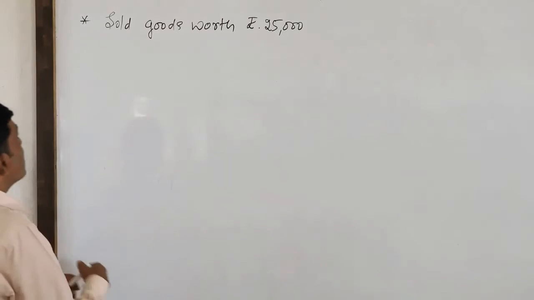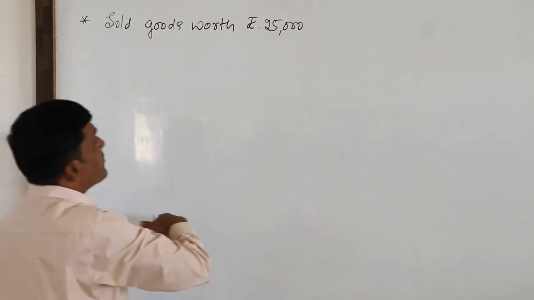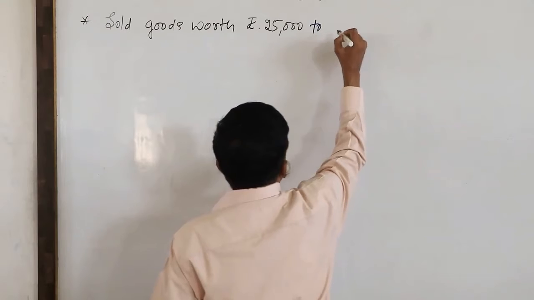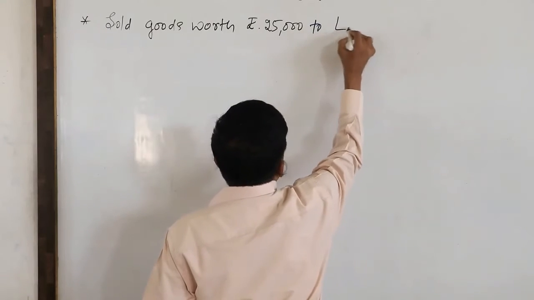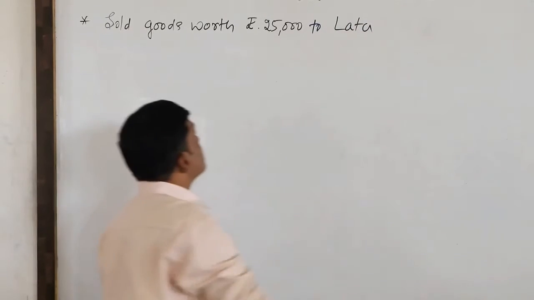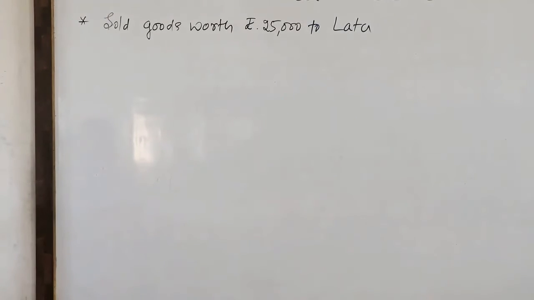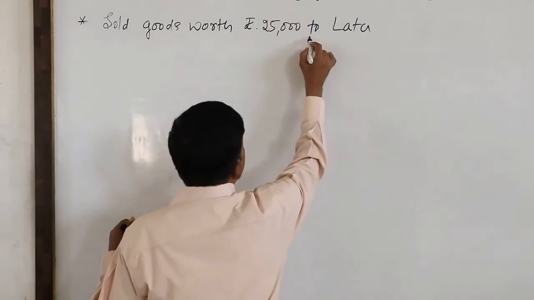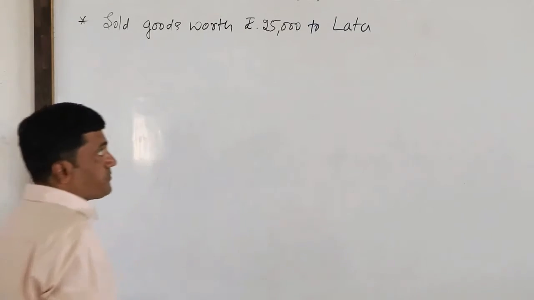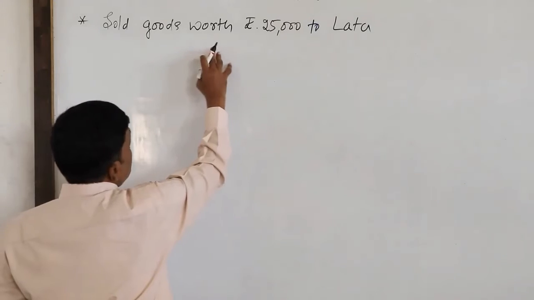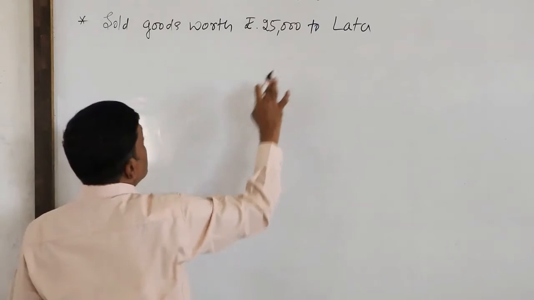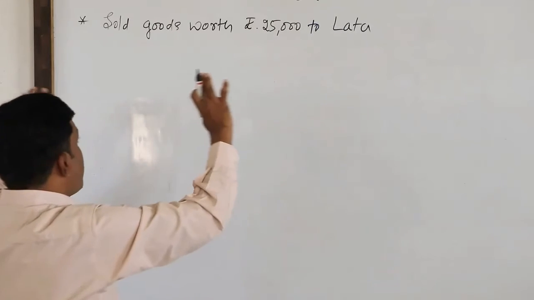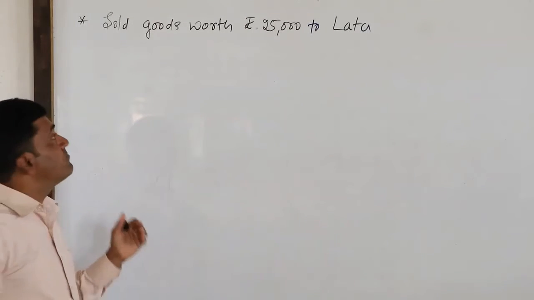In the next example, look here, sold goods worth rupees 25,000 to Lata. Just I have added these two words. So by adding these two words, the entire theme of the sentence has changed.